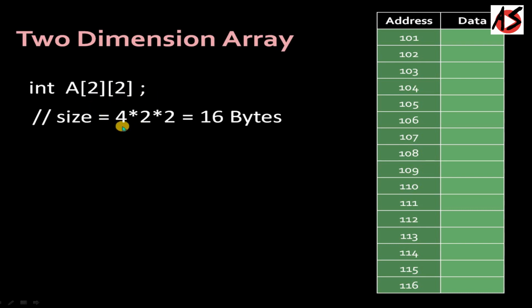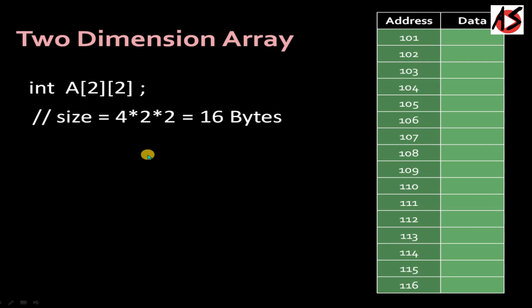Since we have integers, again we take the integer data type size as 4. We have 2 rows and 2 columns, so 4 multiplied by 2 multiplied by 2 means we require 16 bytes. So the size of these array elements is 16 bytes, which is what we have taken for this example.